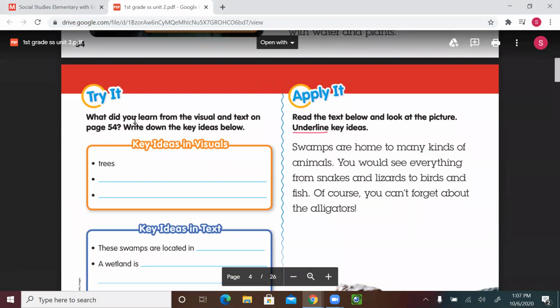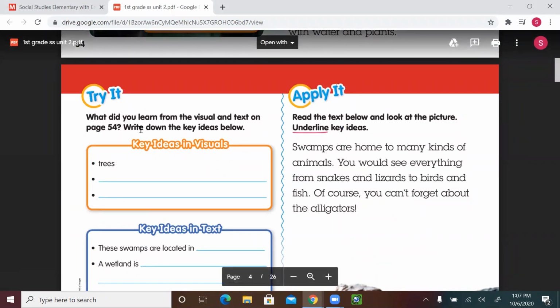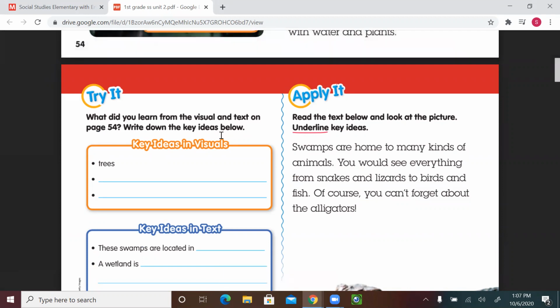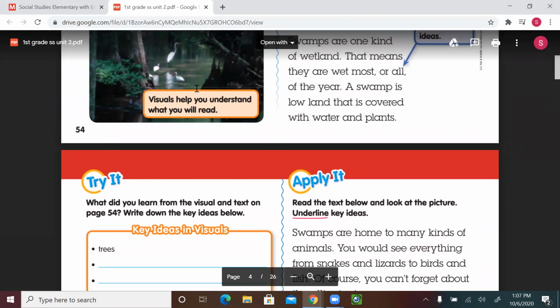Try it. What did you learn from the visual and text on page 54? Write down the key ideas below. So visual means from the picture. So what did we learn from the picture? You saw, we put for you the word trees. So over here, you see grass, very good.